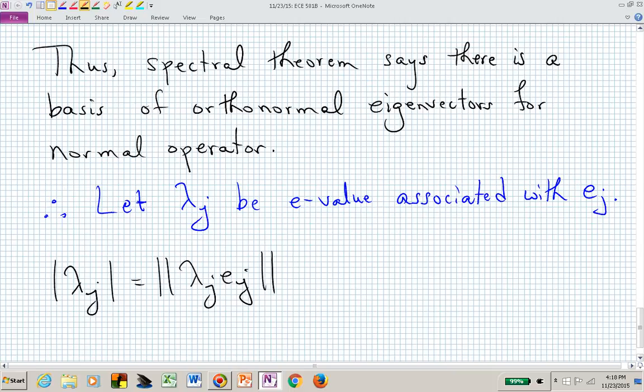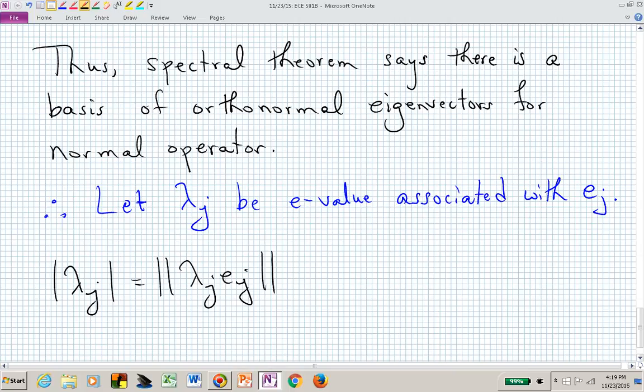Remember, if we squared that norm, we ended up with just the scaling. E sub j is an orthonormal vector, so if we took the scaling, which is the lambda, and scaled an orthonormal vector, then the norm squared is just the absolute value of that scaling squared. Here we're just looking not at the square, but the unsquared version of that concept.